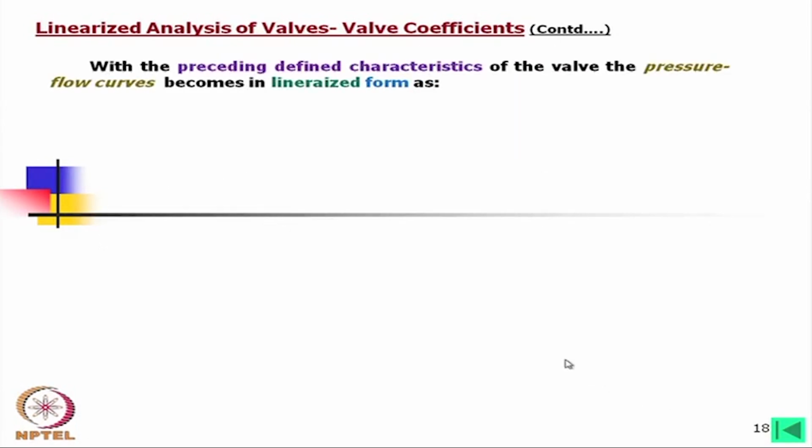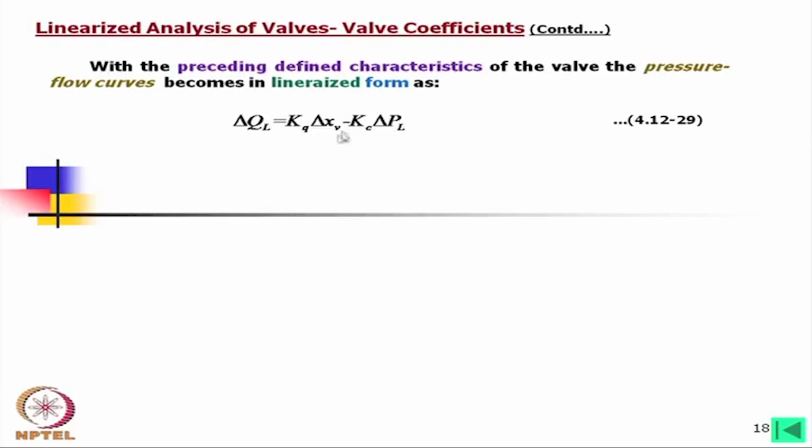With the preceding defined characteristics of the valve, the pressure flow curve becomes, in linearized form, del QL is equal to KQ del XV plus KC del PL, that is, the flow gain and pressure sensitivity. In this term we can write down the equation.